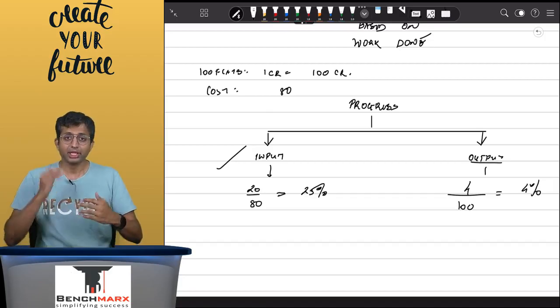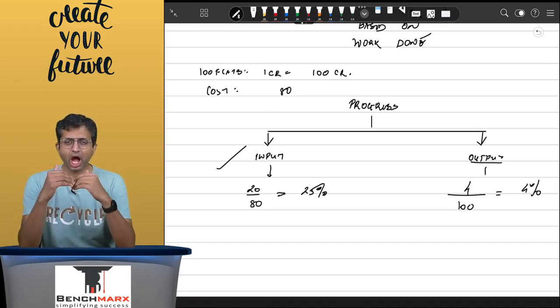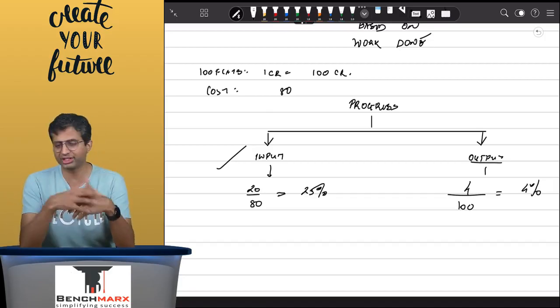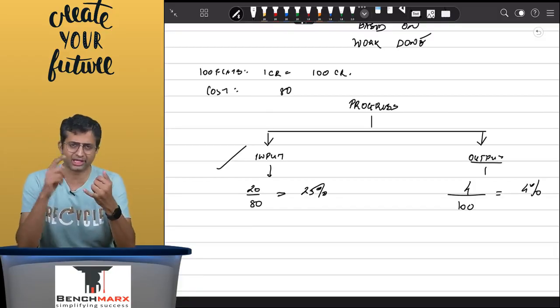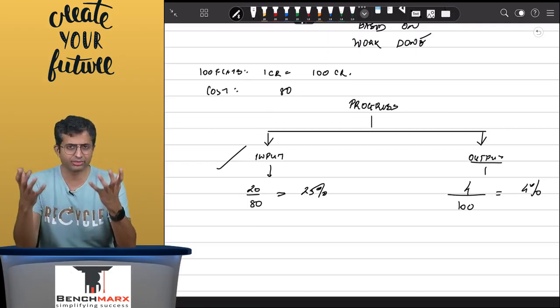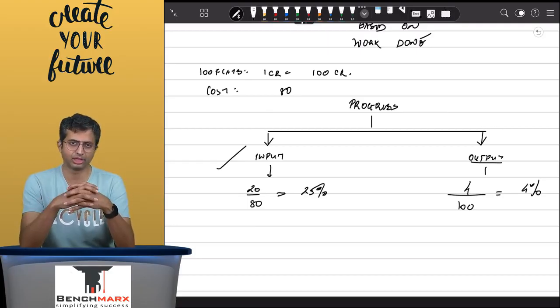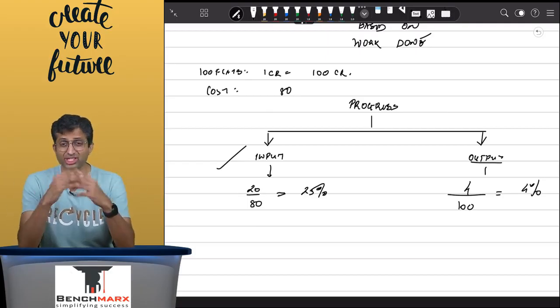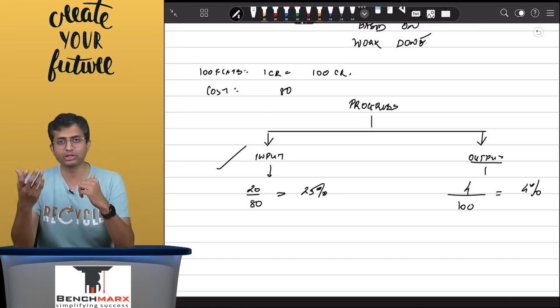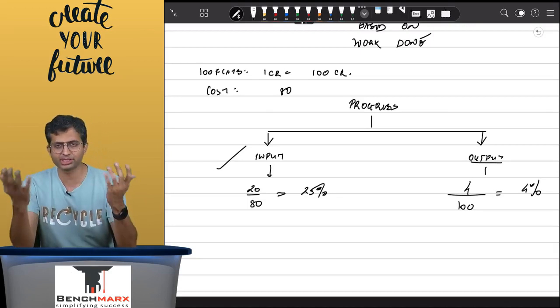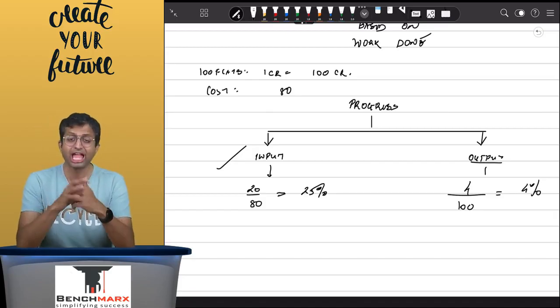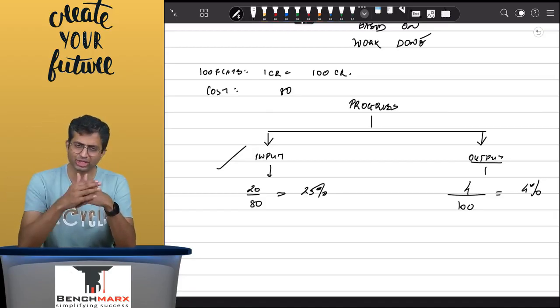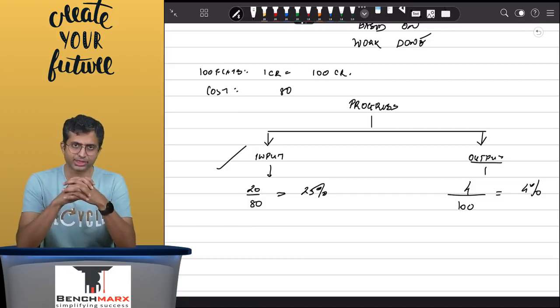Sometimes it might happen that the inputs are incurred almost evenly. Like in a coaching institute, if it's a 12-month batch, the costs like rent, faculty cost, stationery are almost evenly spread over the 12 months, in which case the standard permits you to recognize revenue on a straight line basis. Like even gym memberships, the cost incurred by the gym is almost equal, and hence the revenue can be recognized in such cases on a straight line basis.